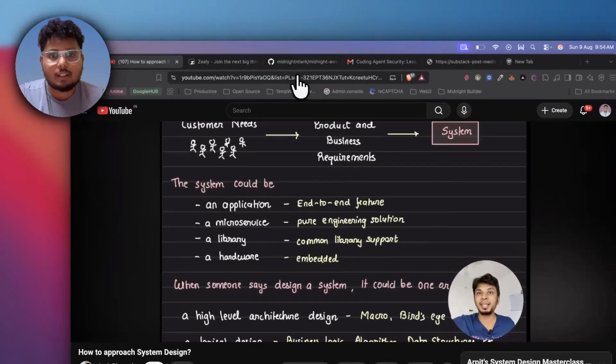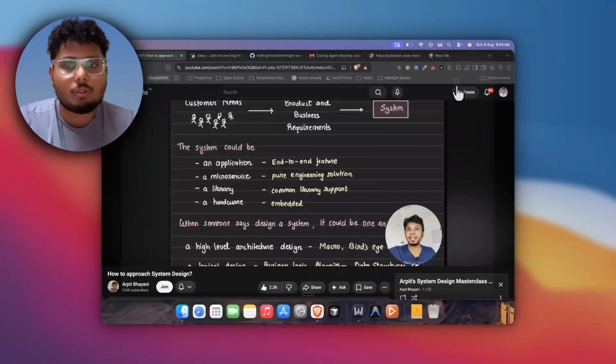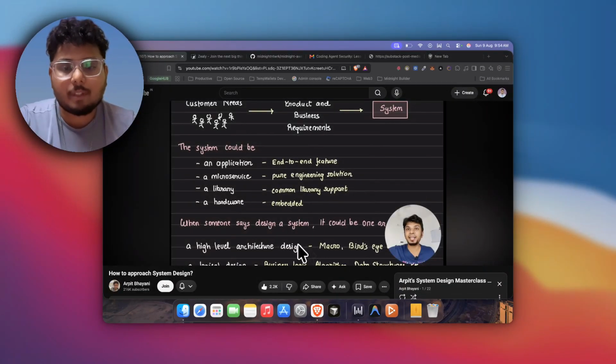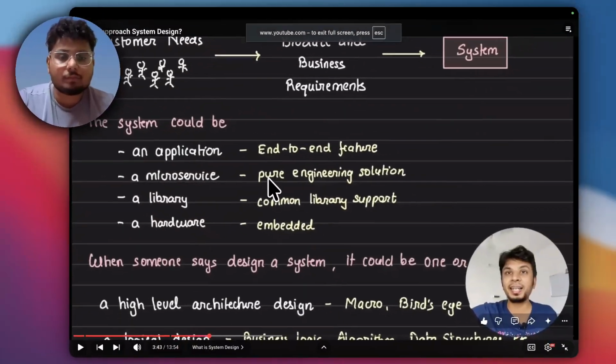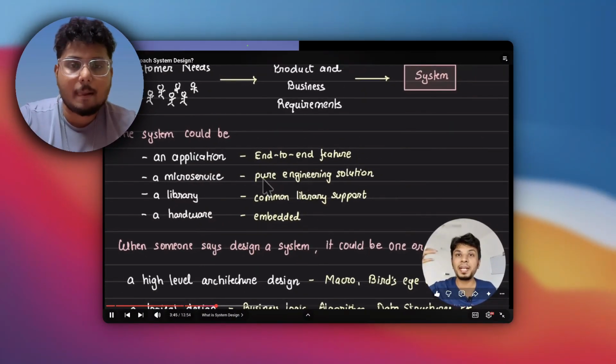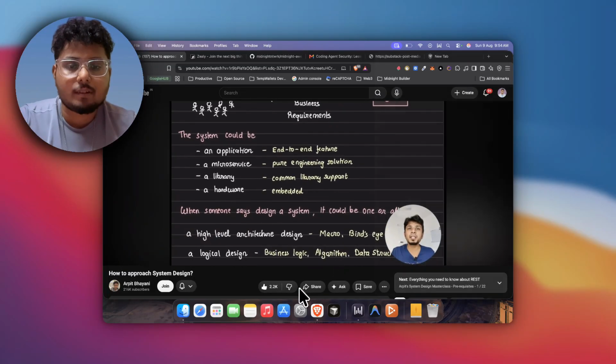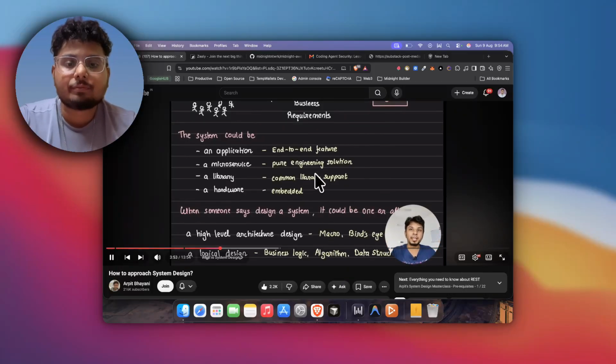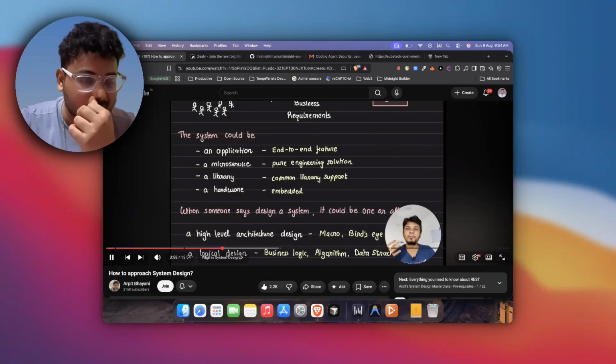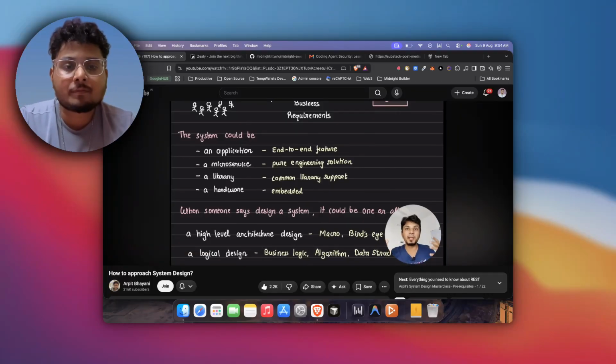You just have to open a new note, right? Right next to you, you are building a microservice for them. It's a pure engineering solution that you are trying to build. Then it could be just a library that everyone else was struggling with, and you thought of building it. For example, building your own web framework could be just a library that you are building to make your overall HTTP request response very smooth, right?